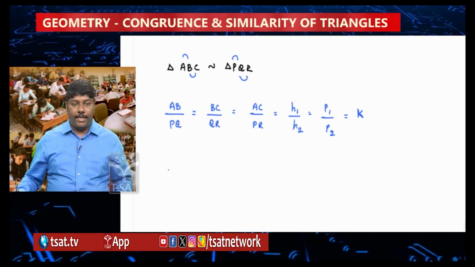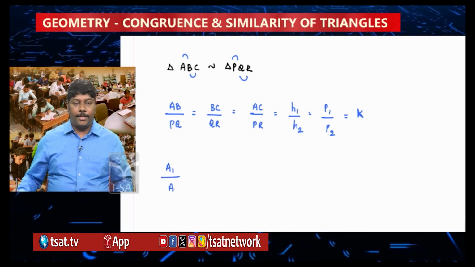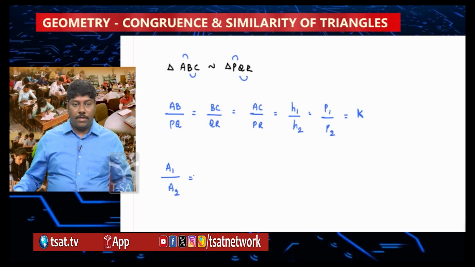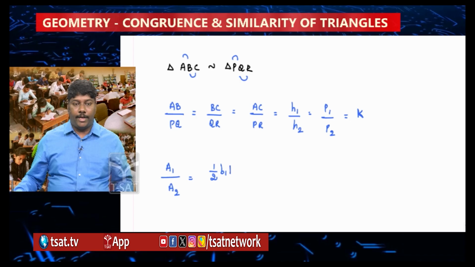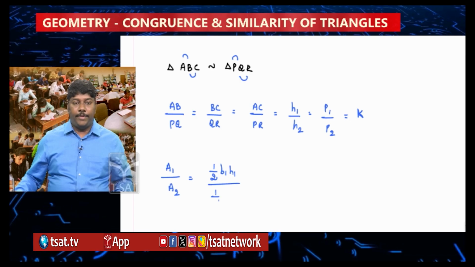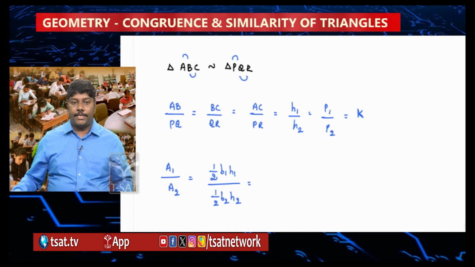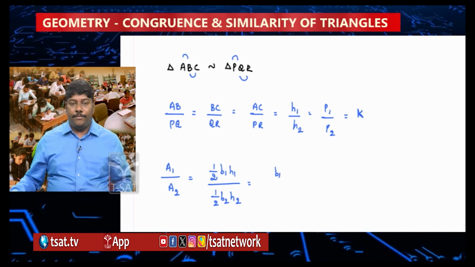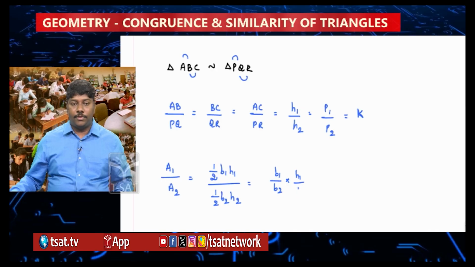When it comes to their areas, area of the first triangle by area of the second triangle, area is half into base into height, so half into base 1 into height 1 by half into base 2 into height 2. The half anyway gets cancelled. Therefore, you will get B1 by B2 into H1 by H2.